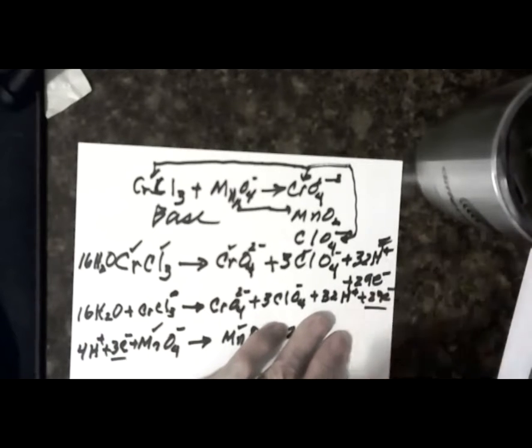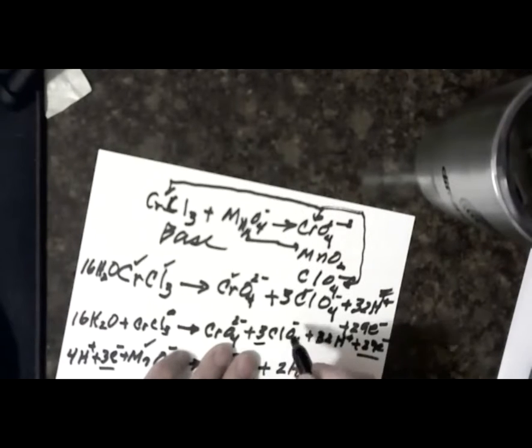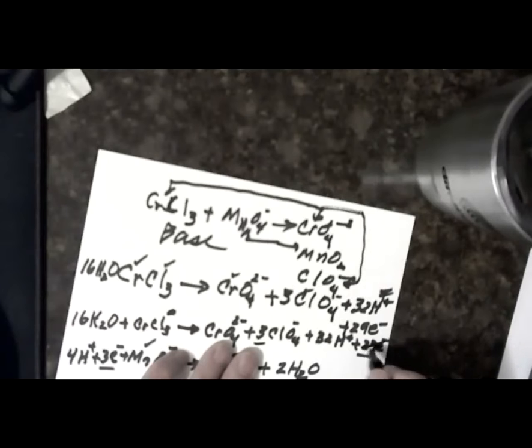That's not balanced. I got 32 positives and I forgot my 3, I'll bet you. 3 negatives and 2 is 5. That's 27. And not 29, that's 27.